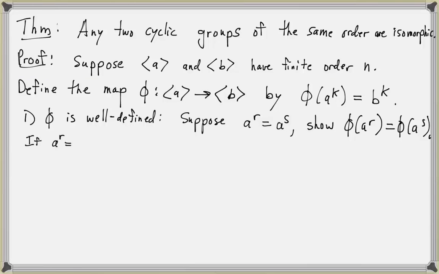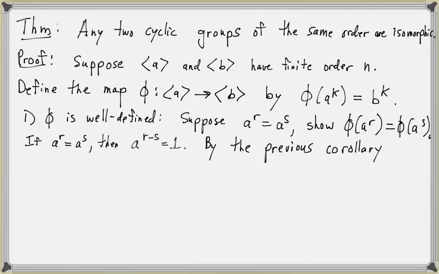Well, if a to the r equals a to the s, then a to the r minus s equals the identity, and by the previous corollary, the order of A must divide r minus s.